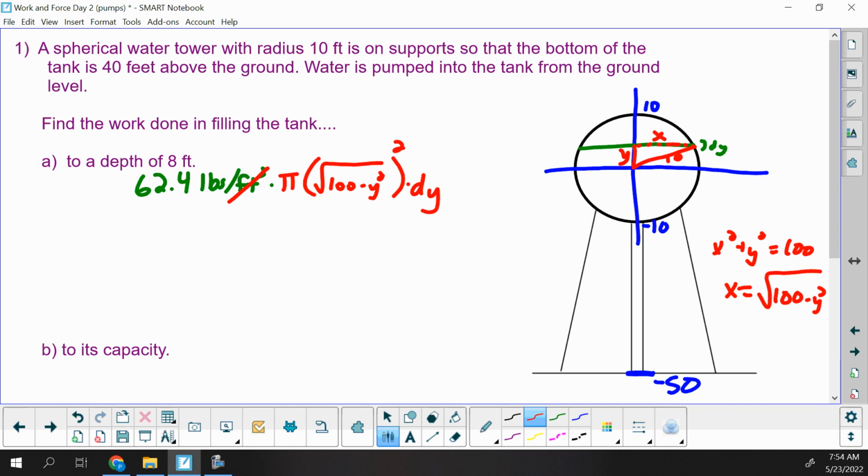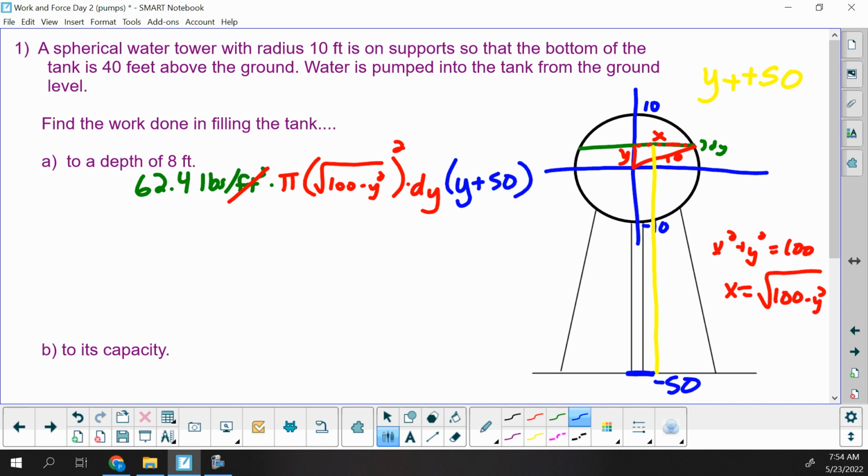We just now need to figure out what is the distance that each slice traveled. Well, this particular slice is traveling that distance. So for that, we're just going to do a top minus a bottom. So our top is some random y value minus our bottom, which is negative 50. So minus a minus just becomes a plus. So really our distance is y plus 50.